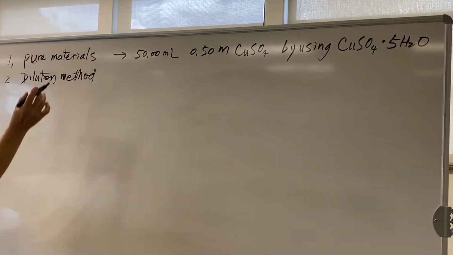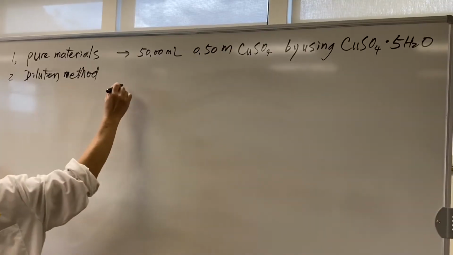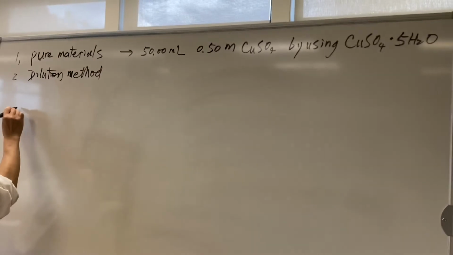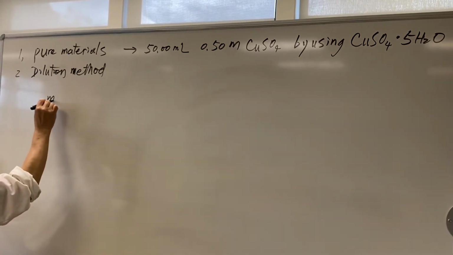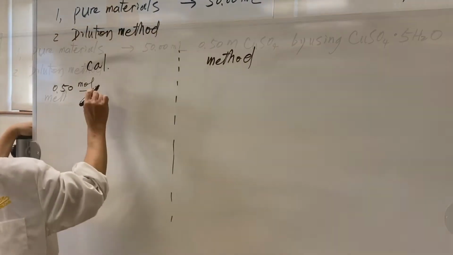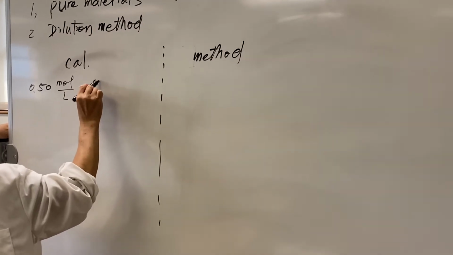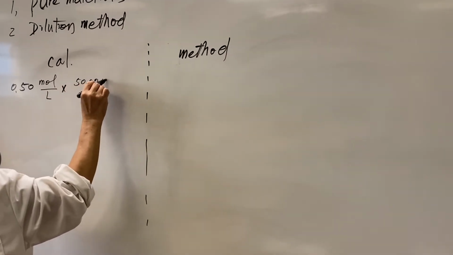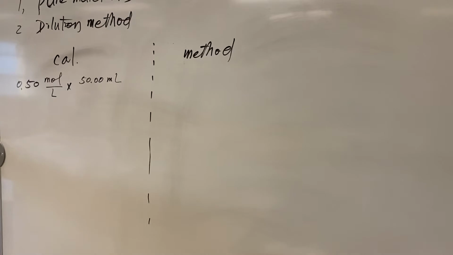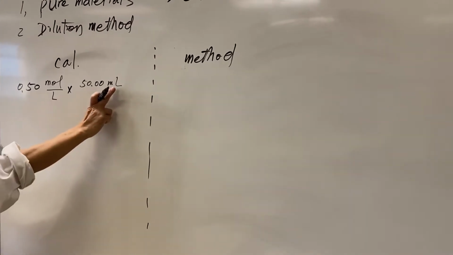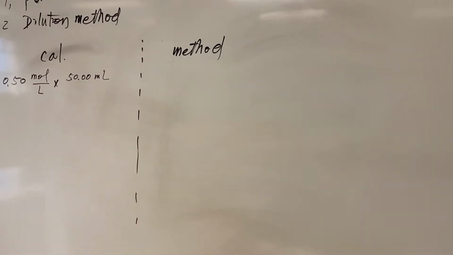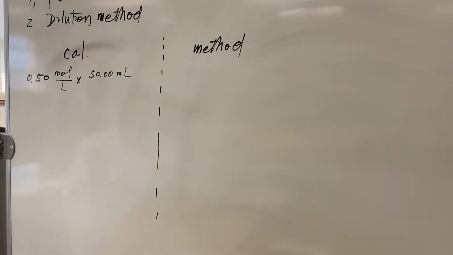For exploration 3, we will be making a solution of given conditions starting from a pure material. It's a 50.00 milliliter. See, here it's a liter, here it's a milliliter. We can operate on this.